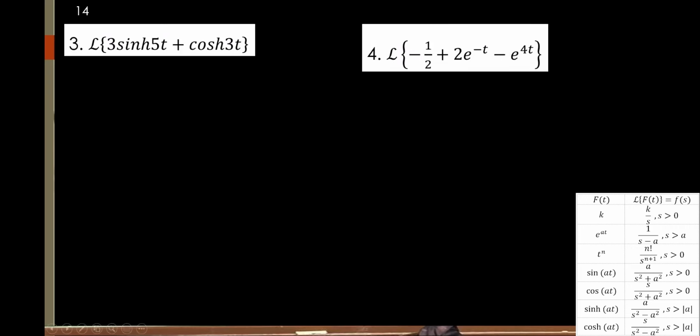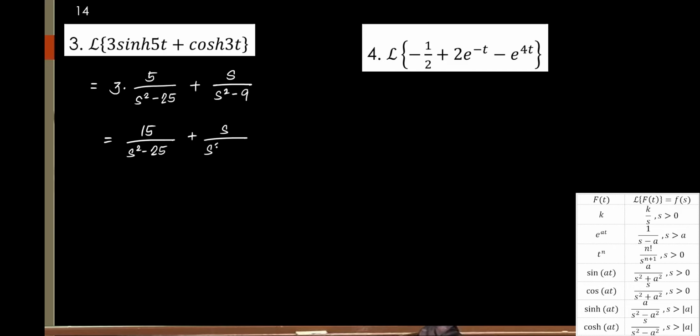Okay, let's try this one. It's minus 25. Plus, therefore, the answer is 15 over s squared minus 25 plus s over s squared minus 9. That's correct.